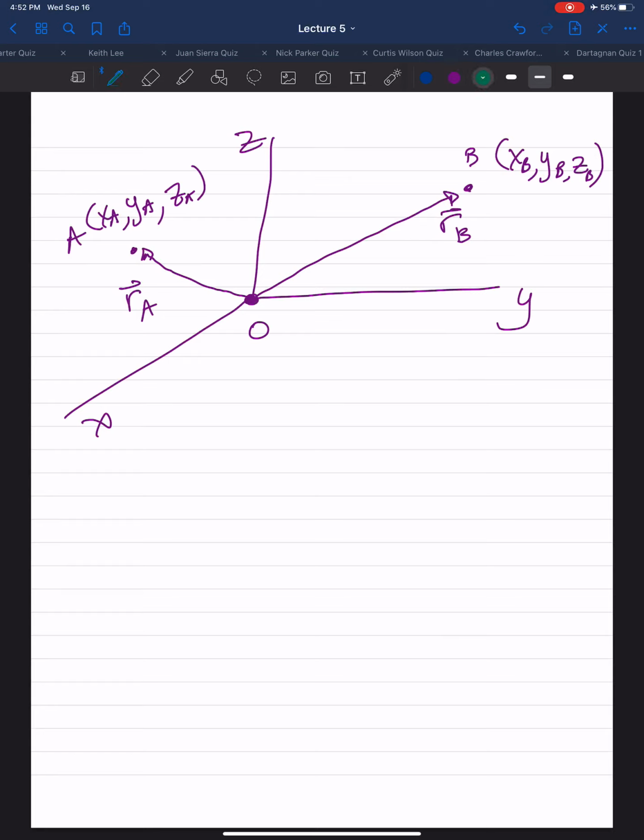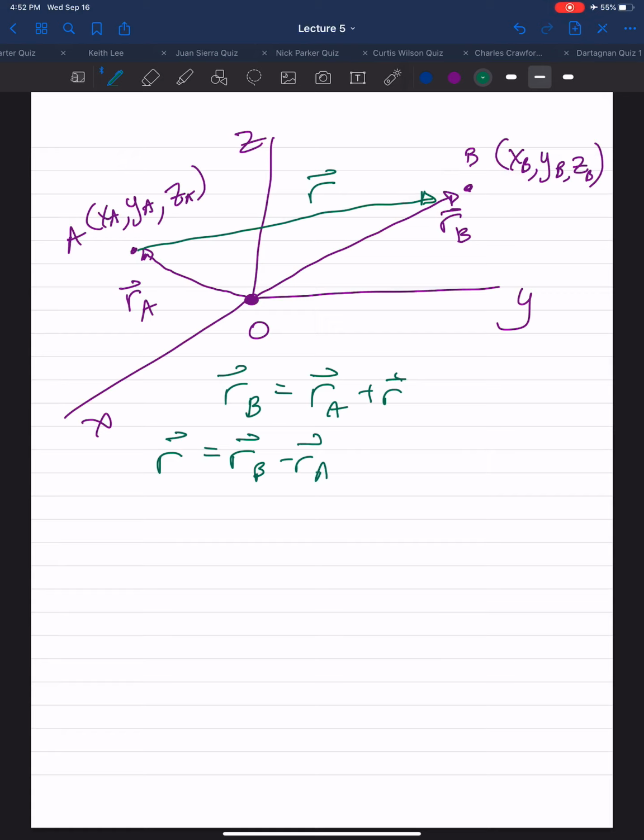Let's do a different color again. We'll just call that position vector R. And what I was saying is, this is the triangle rule all over again, where the resultant would be RB equals RA plus R. So then R equals RB minus RA.